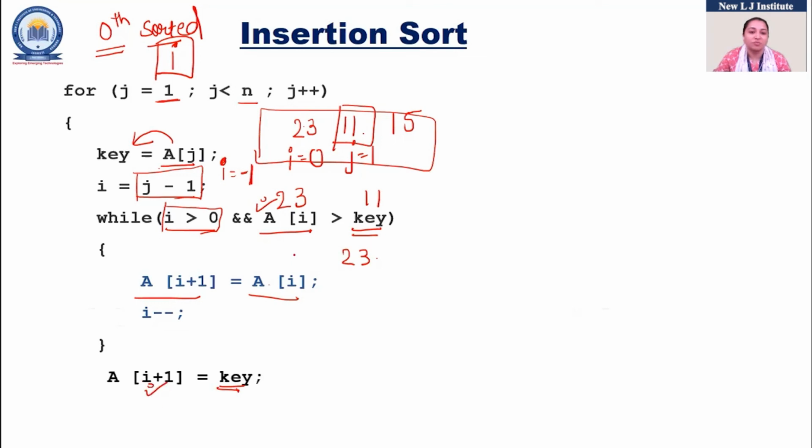Okay, so because my I is currently pointing at minus 1, now my I will be incremented by 1, and now I will come at the 0th index, and at that index I will insert my key element, which is 11. So at the 0th index I'm going to insert 11. 15 will be staying at its own position. So this is how my elements will be swapped.